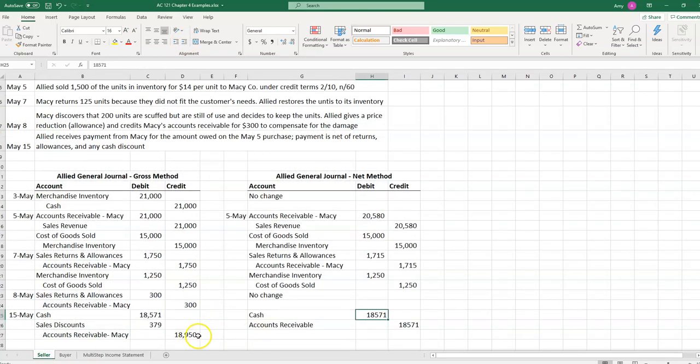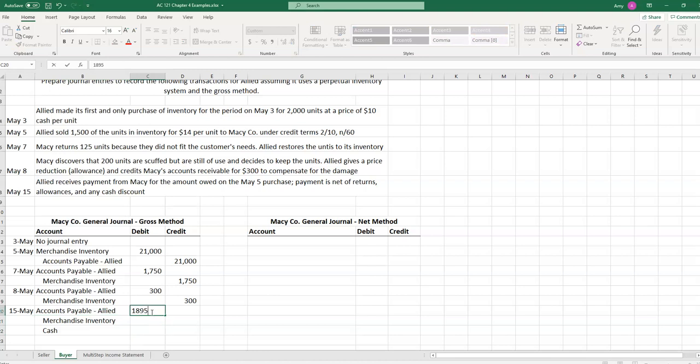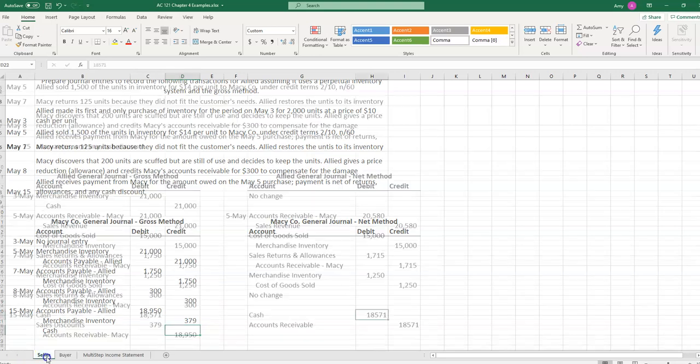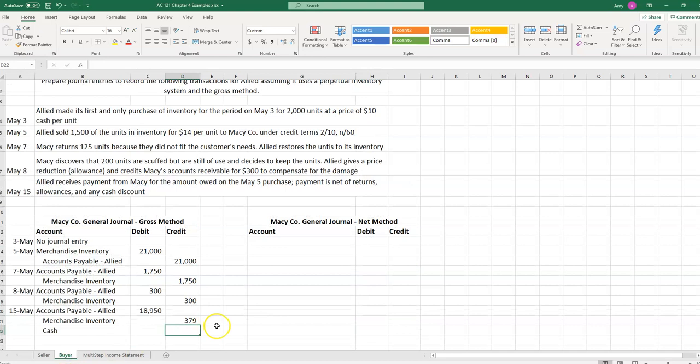So our accounts payable is $18,950. We reduce our inventory by that discount of $379, and then we pay $18,571 in cash.